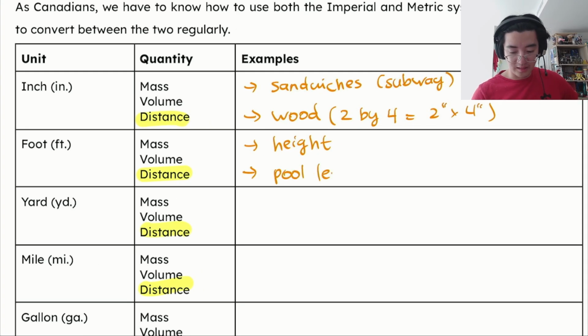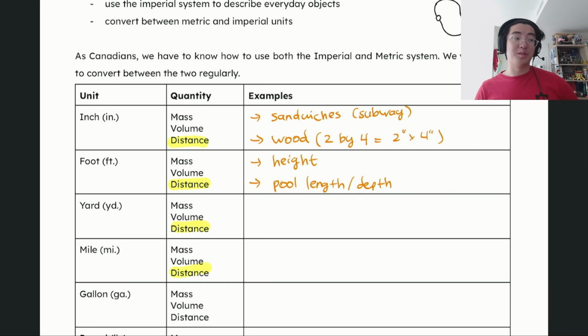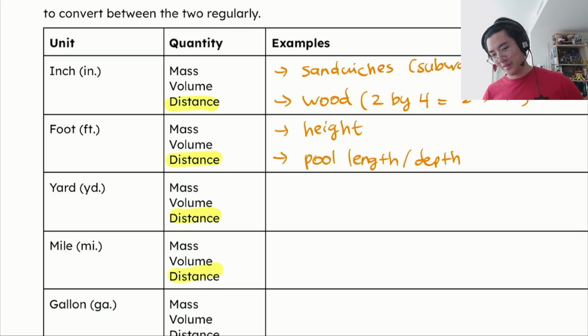Next is pool length and depth. If you remember, we did this in the metric system, where we use meters for a pool's length and depth. You commonly see in swimming pools, it's written in both meters and feet, at least in Canada. Probably, I'm not sure about the rest of the world.